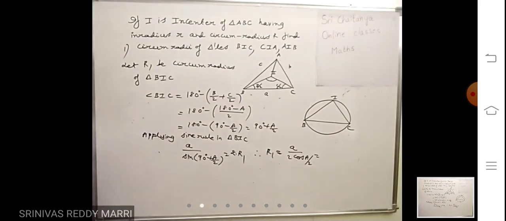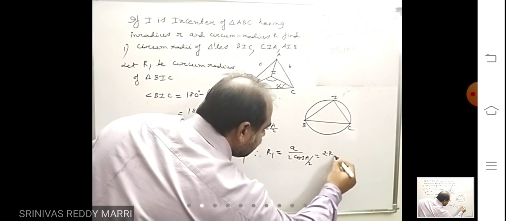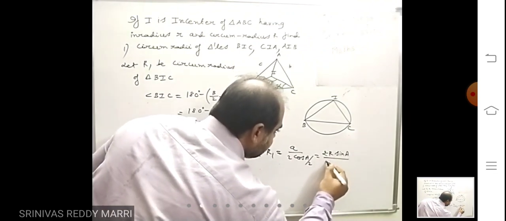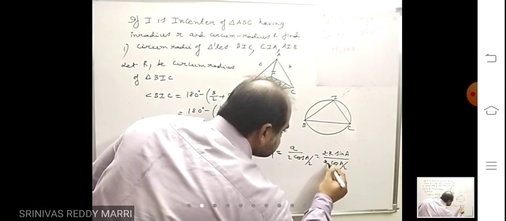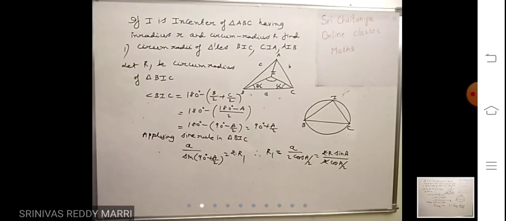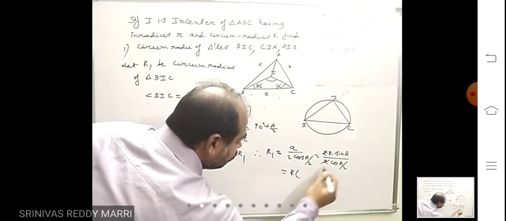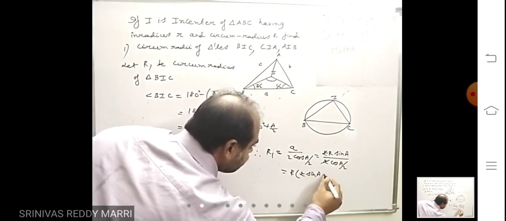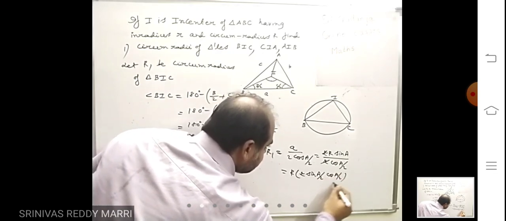Further simplifying, A means 2R sin A, divided by 2 cos A by 2. Sin A can be written as 2 sin A by 2 cos A by 2.